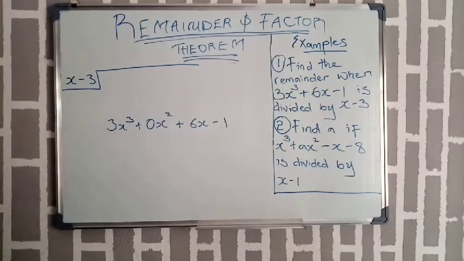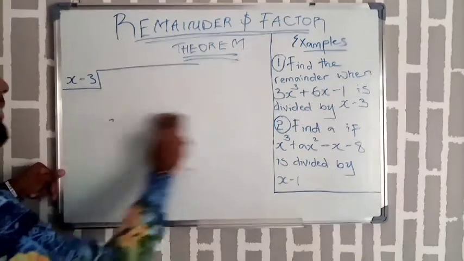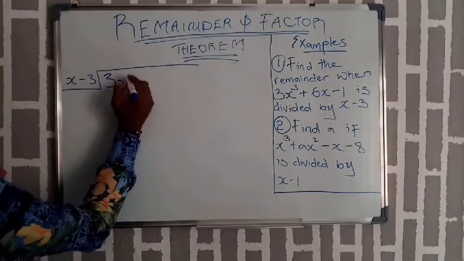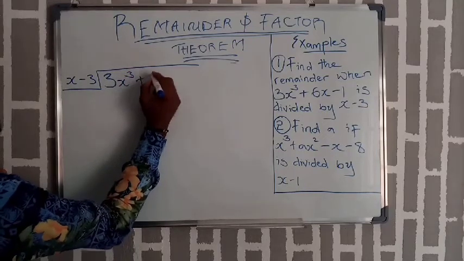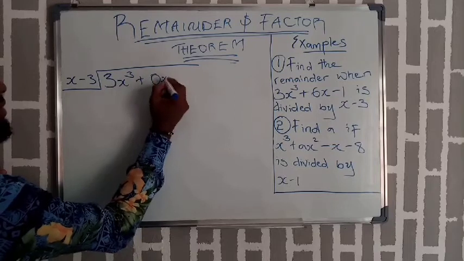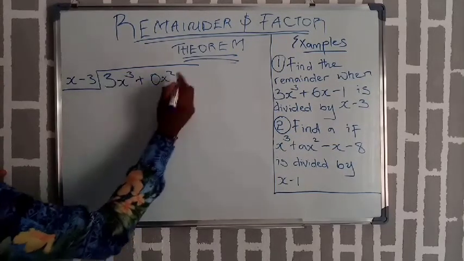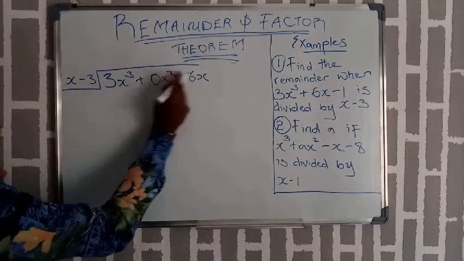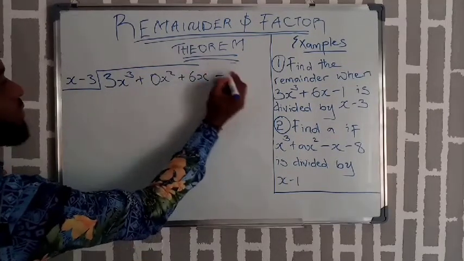Because it's a polynomial, we can't just jump to 6x just like that. So let's solve. This is 3x cubed plus 0x squared. Always look at the power. Plus 6x, this is raised to the power 1, that means you've done it well, minus 1.